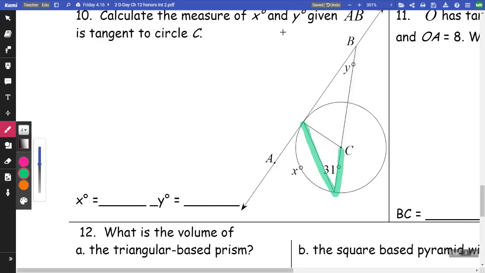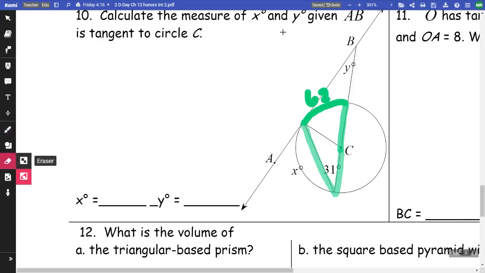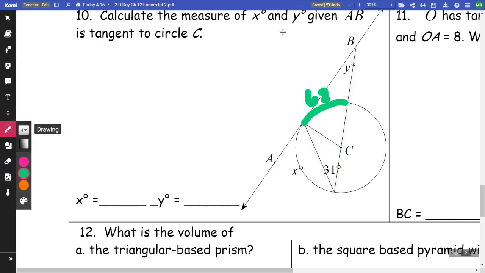So that's going to go all the way to here. If that's 31, that is going to make this arc twice as much, which is 62. Now, if that is 62 because of that inscribed angle, since this is the center, this is also going to be 62 because that's the central angle.